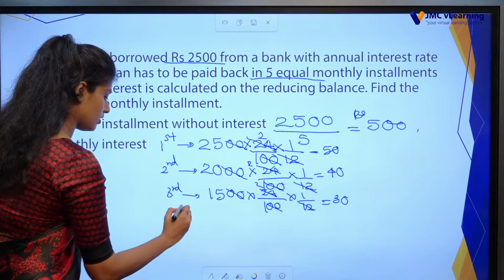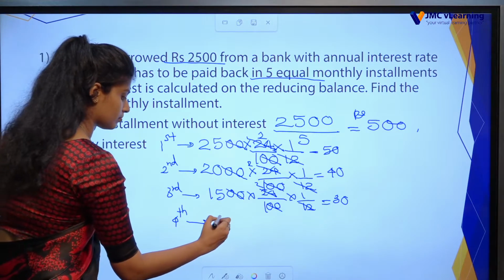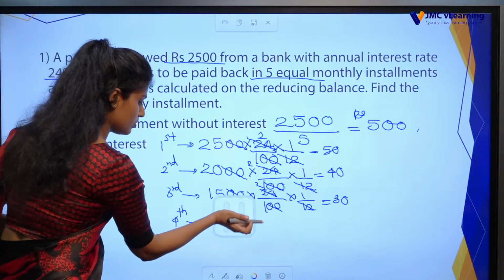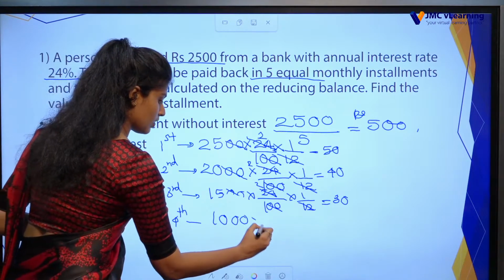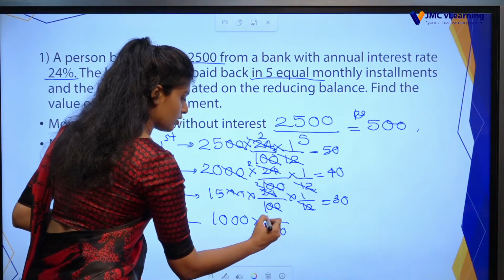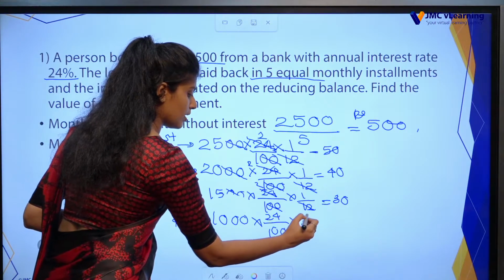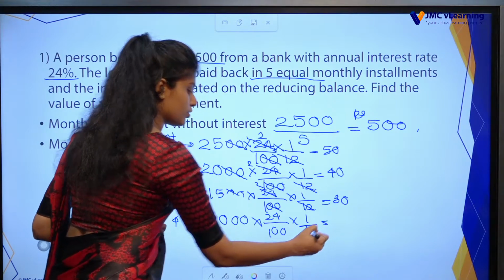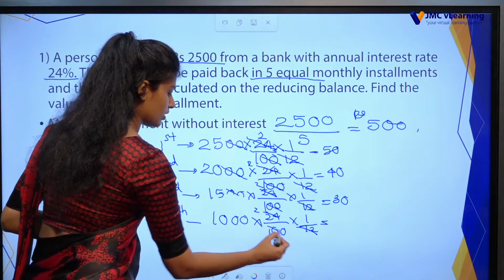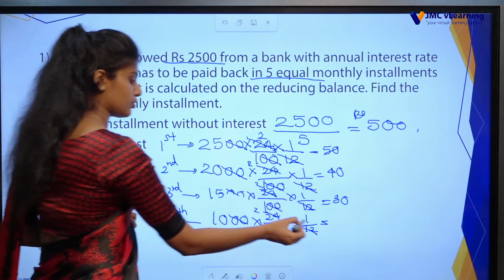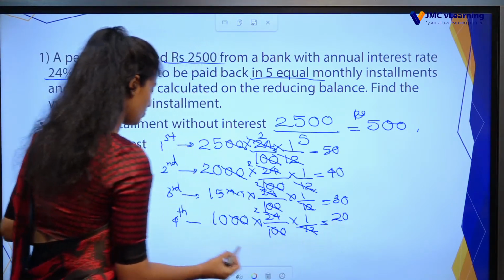Then fourth, it is 1,000 of money, multiply by 24%, multiply by 1 over 12, divide, it's 2, cut zeros, 10 into 2, 20.